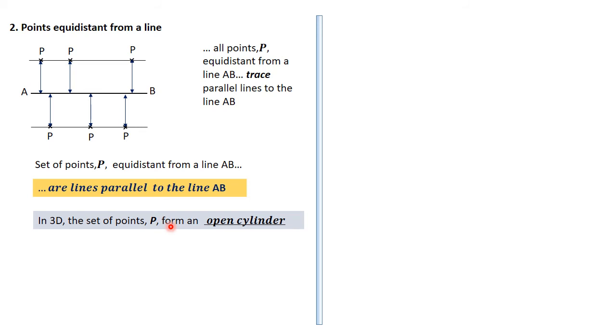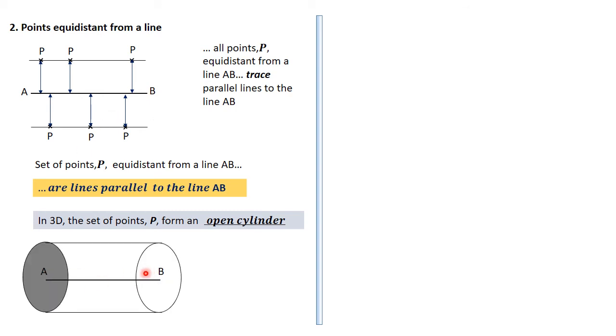In this topic, we are supposed to imagine a lot. Imagine for a moment what this would be in 3 dimensions. We'll have a line, the line AB, and a cylinder such that all points on the open cylinder are equal distances from it.